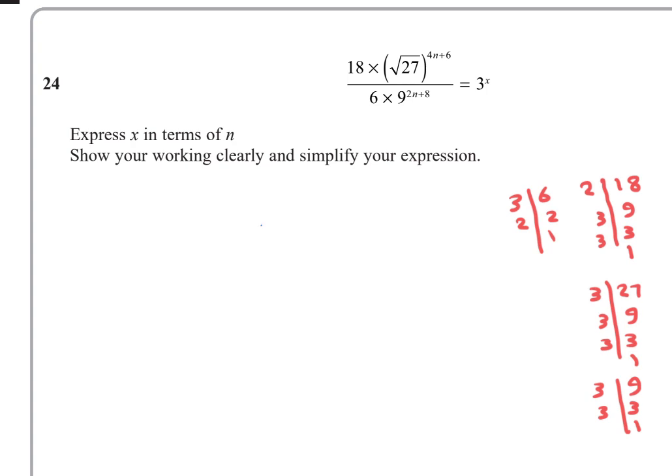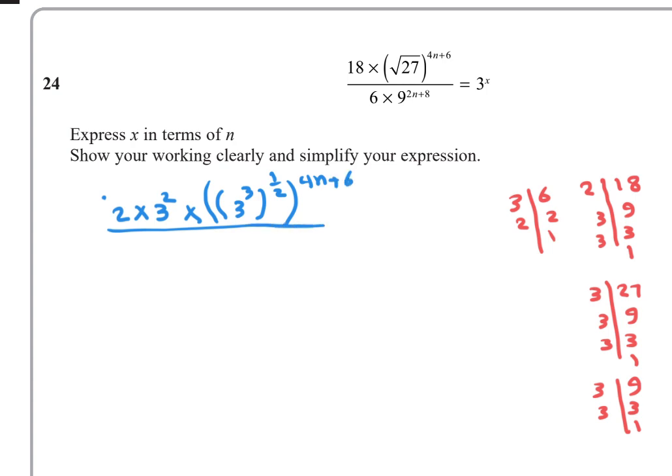Now the left hand side: 18 can be written as 2 times 3 power 2, times, for 27 we have 3 power 3, and square root means power half, and all power 4n plus 6. Divide by 6, which is 2 times 3, and 9, which is 3 power 2, all power 2n plus 8.